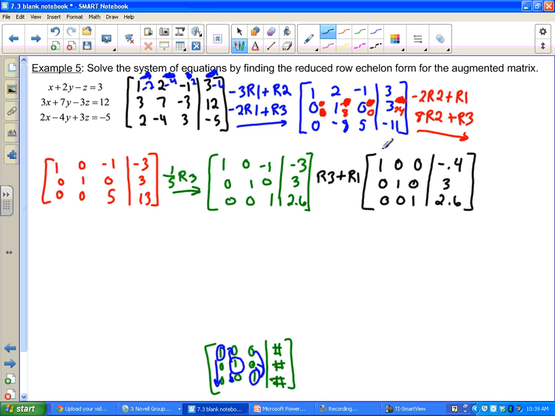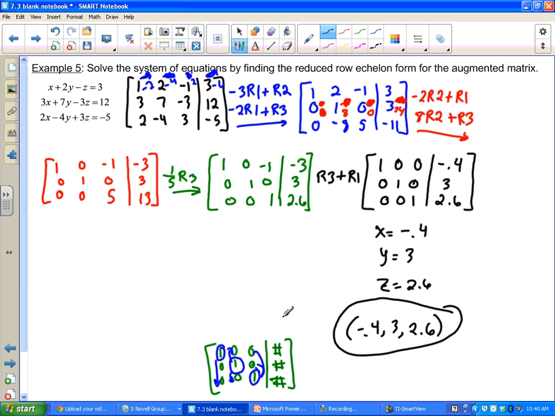And because this is in reduced row echelon form, look, the only thing that has a value over here is my x. This is saying x equals -0.4. This is saying that y for the middle row equals 3. Z for my last row, that's 2.6. So this is the point -0.4, 3, 2.6.